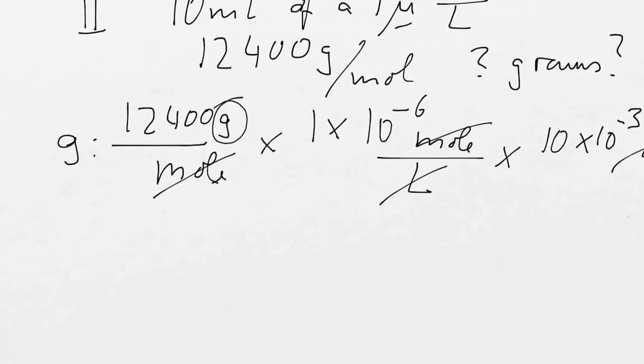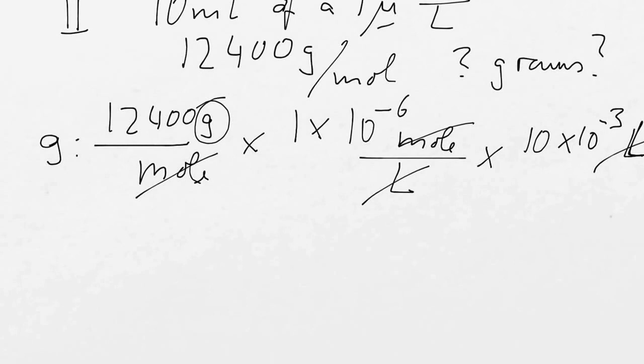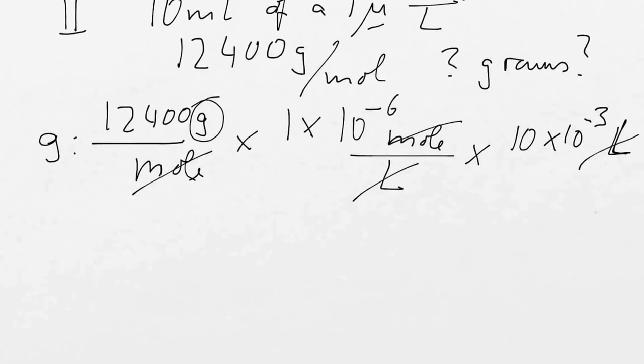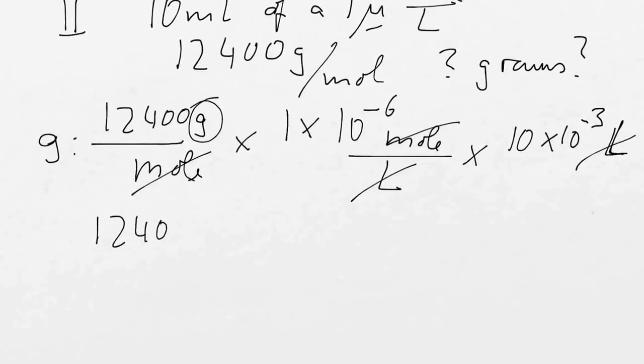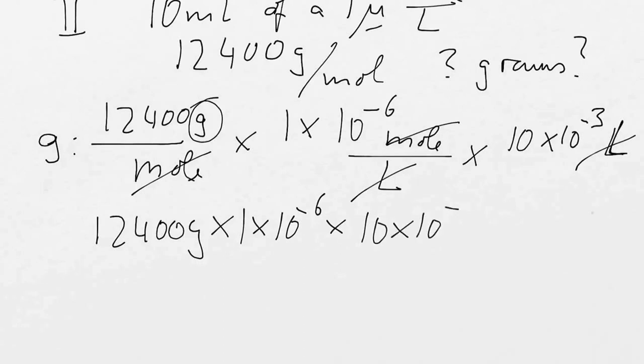I can stop now. So all I need to do now is write down 12,400 grams times 1 times 10 to the minus 6 times 10 to the minus 3.